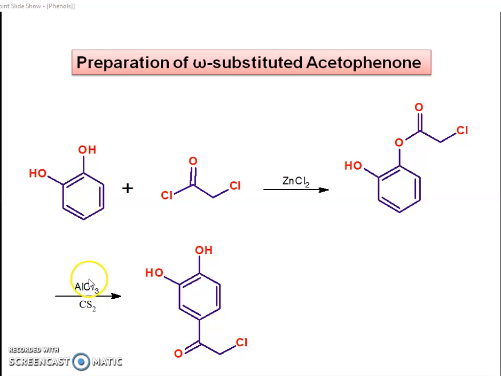Then we add aluminum trichloride in carbon disulfide. Then this group migrates to the para position of the catechol, and we get this final product.